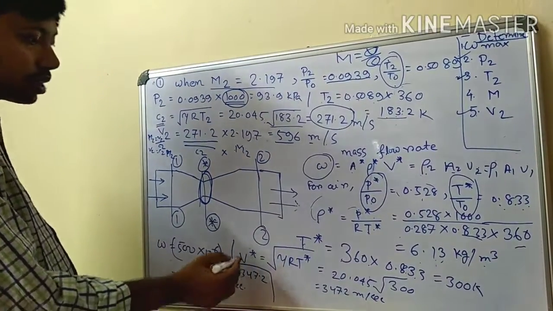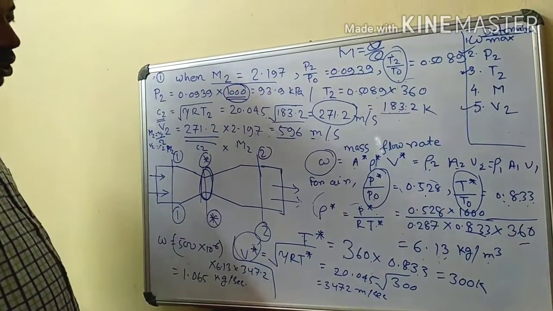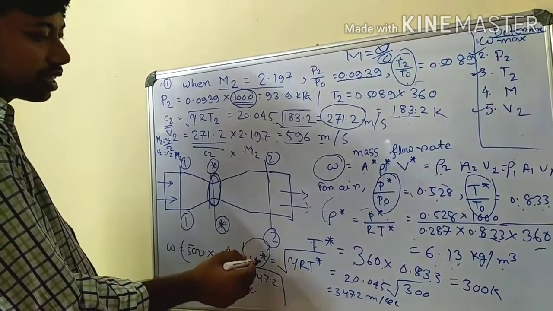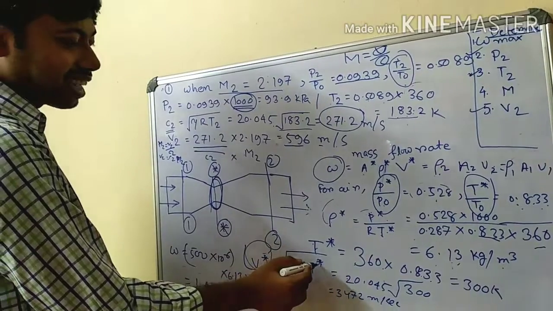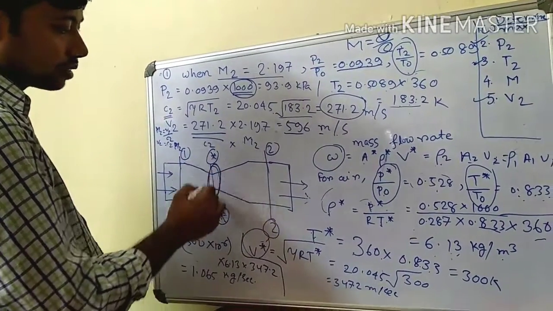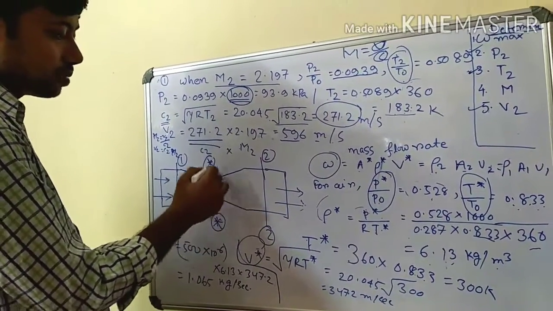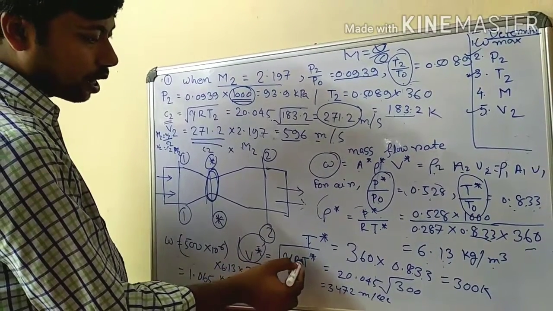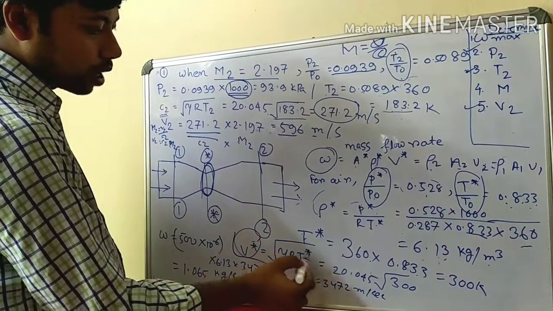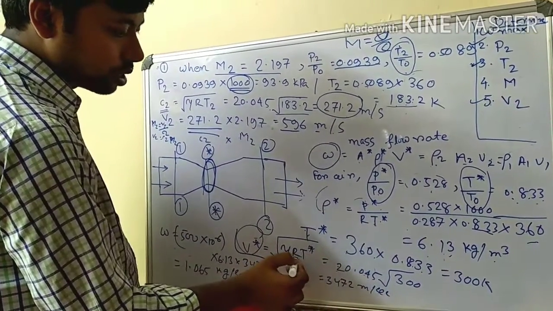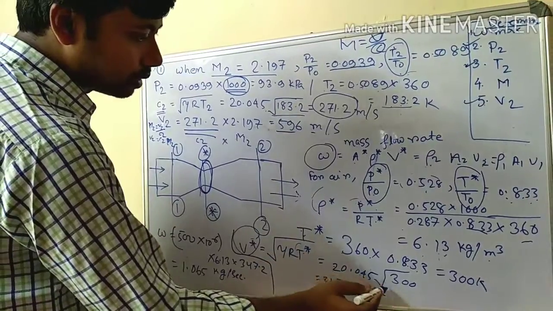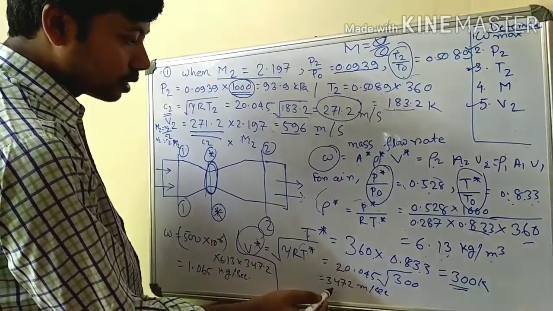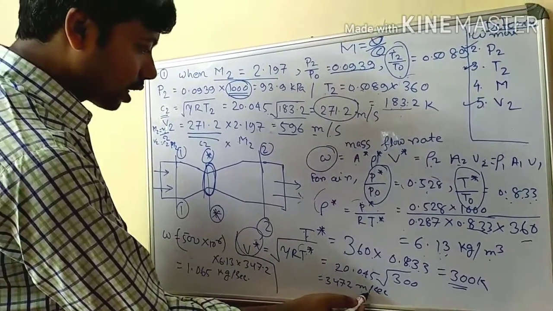Now the velocity at this throat section is under root of gamma r T star. T star is the temperature at this section, the maximum temperature you can get in the nozzle. So gamma r is 20.045, and under root of T star is under root of 300 Kelvin. V star will be 347.2 meter per second.